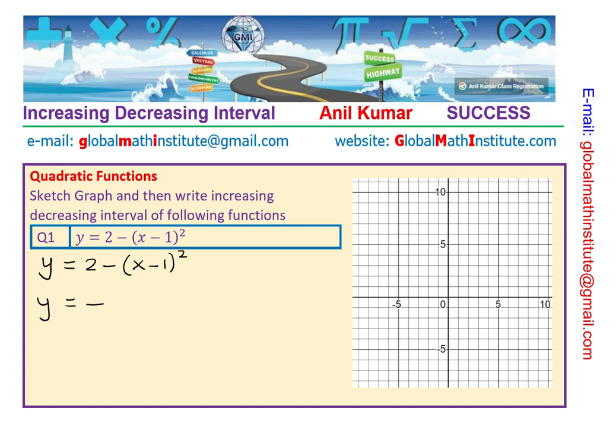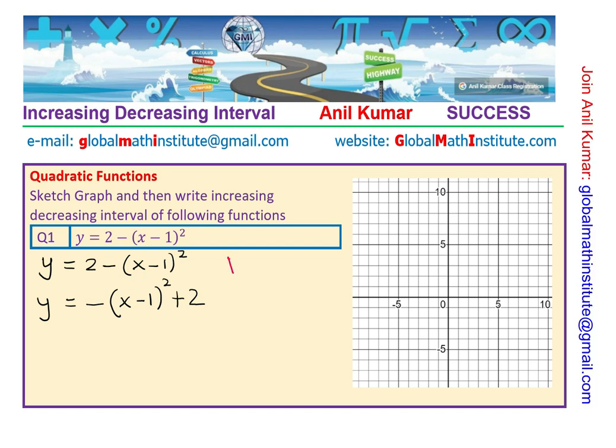If I write it in proper way, that is minus (x minus 1) whole square plus 2, we can clearly see what the vertex is. Let's say the vertex V will be at 1. Maximum value is going to be 2. Since the leading coefficient is negative, parabola is going to open downwards.